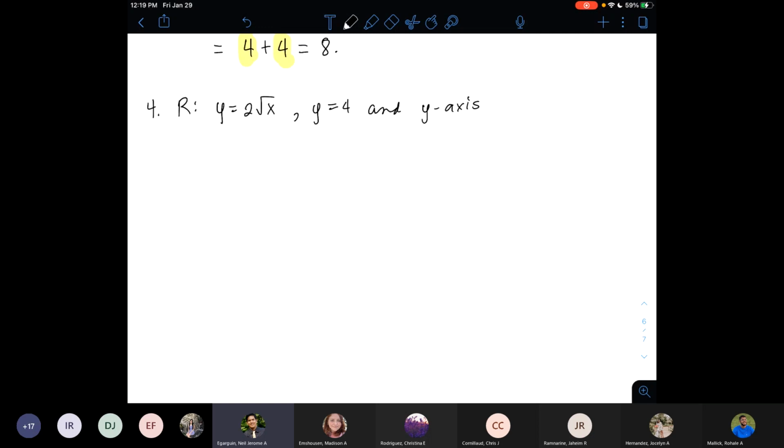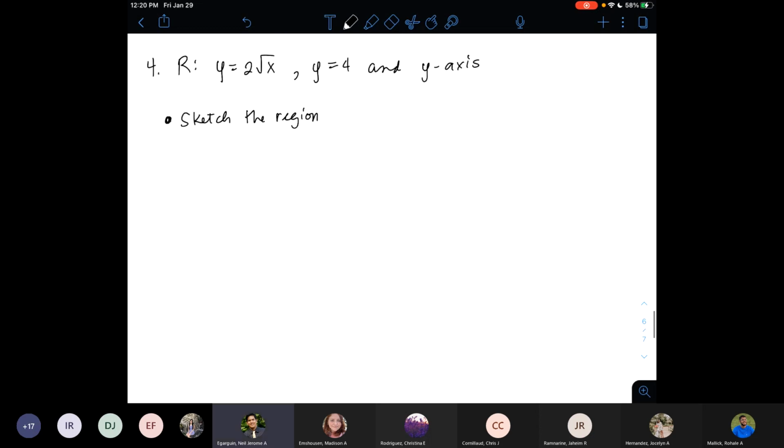Okay. Again, the first step is to sketch the region. At least obtain a good idea of how the region looks. The main point here is we need the points of intersection and to know which function is on top or at the bottom, right?